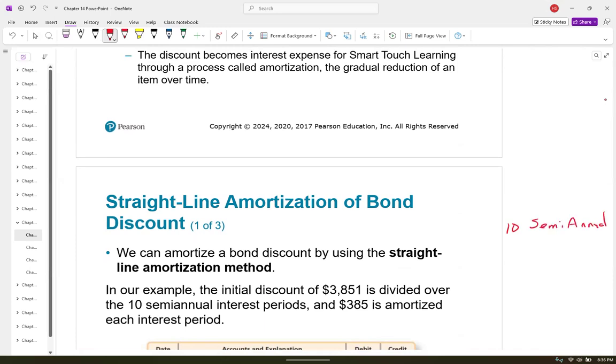We're going to take that 3851 divided by 10 to get 385. And every single payment date, we're going to amortize 385 of that discount on bonds payable.